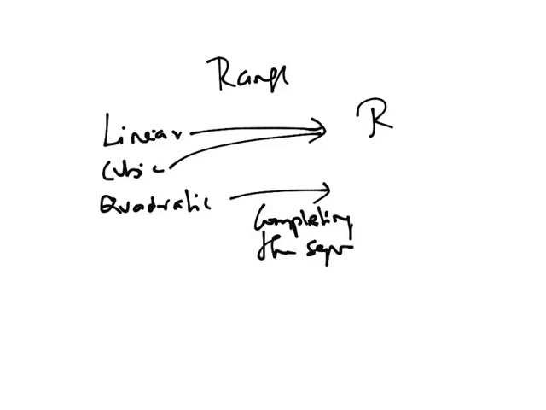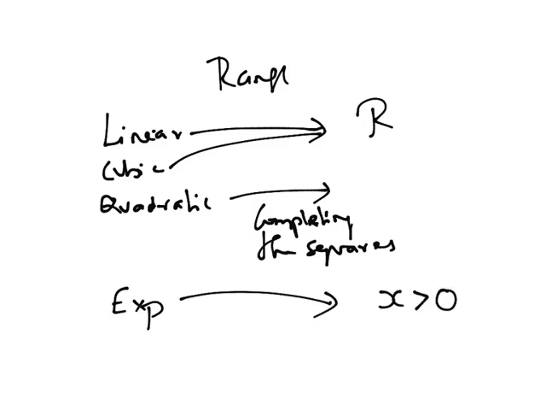By completing the squares, you can find the range. And for exponential function, the range is all real numbers greater than 0. Okay, let me use y. For an exponential function, the range is y greater than 0. And finally, for a log function, it is all real numbers.